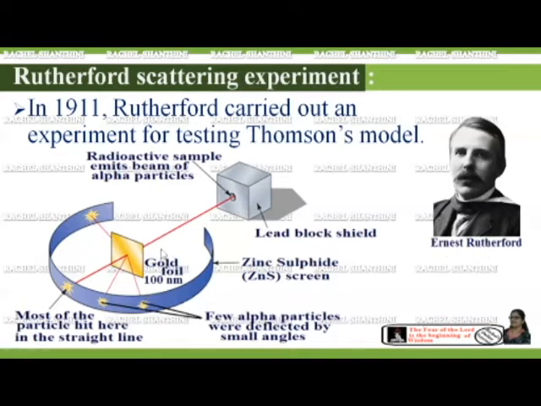Rutherford, to his surprise, observed that most of the alpha particles pass through the gold foil in straight lines. Some of the alpha particles were deflected by small angles. A very few alpha particles were deflected by large angles or turned back on their path.